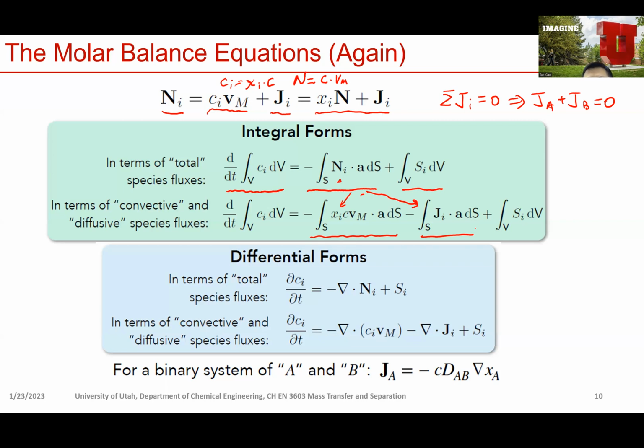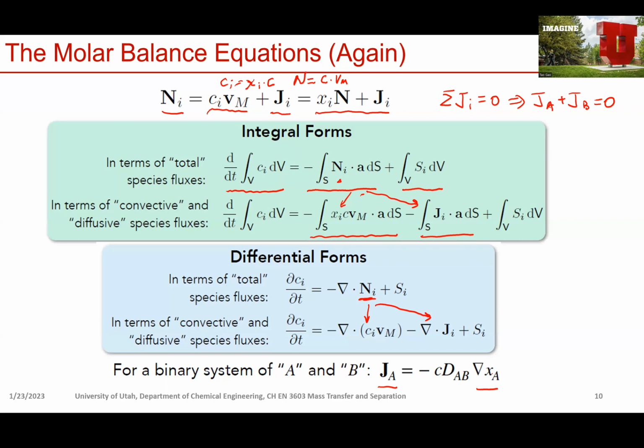Okay. Similarly, we can do this with the differential form. You can just plug the equation for N_i into this equation and then break it into two components. Okay. And for a binary system, we introduced Fick's law, which describes how the diffusive flux is related to the mole fraction gradient, right?